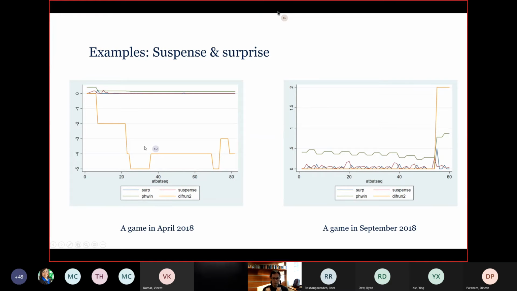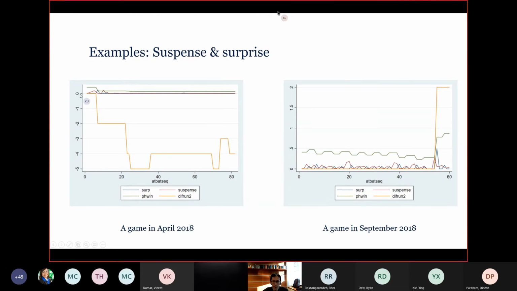Right, so to show some validation of how suspense and surprise move around during the game, I want to show you a few example games. One is from April 2018, the other is from September 2018. The first game, on the left panel, is a boring game. The yellow line is the difference in scores.